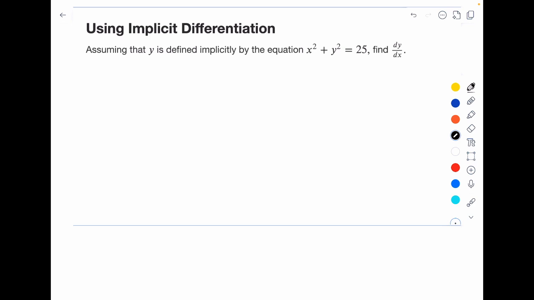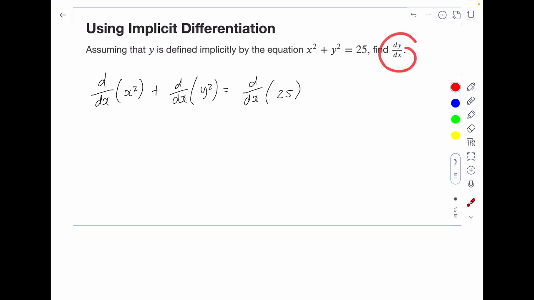So we're going to find the derivative of each element in this equation. So d/dx of x squared plus d/dx of y squared is equal to d/dx of 25.